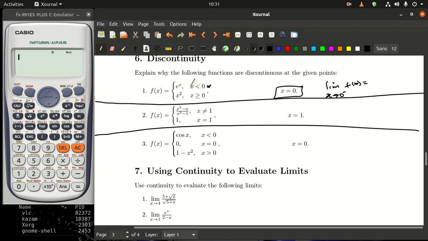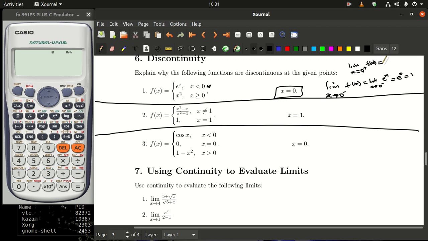So for a negative value, I end up using this particular function. So I will end up getting the limit as x approaches 0 on the left of e to the power x, because this is the function that is on the left of 0. Now, this function is continuous everywhere, so I plug in to get e to the power 0, which is just equal to 1.